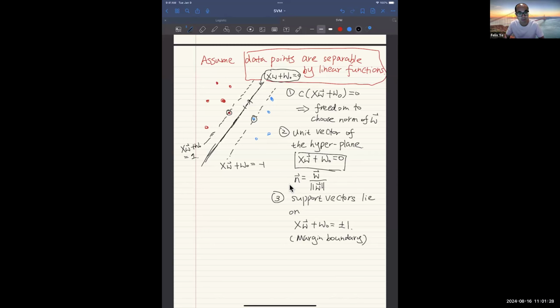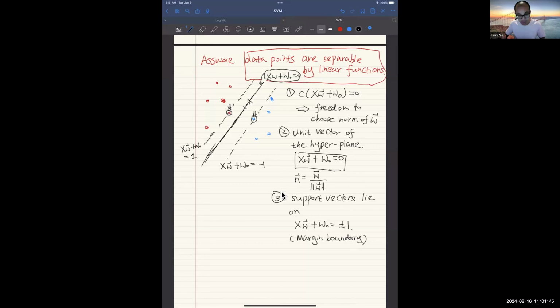Okay. So these points are actually closest to the decision boundary. So these are my support vectors.